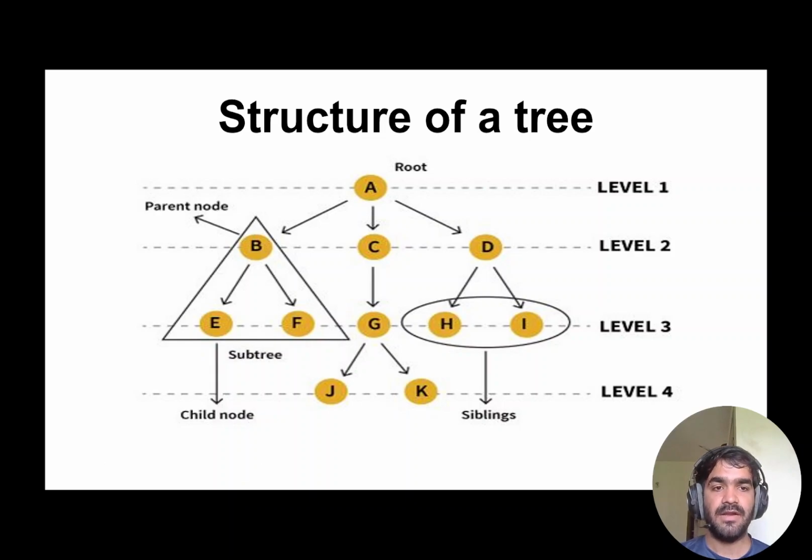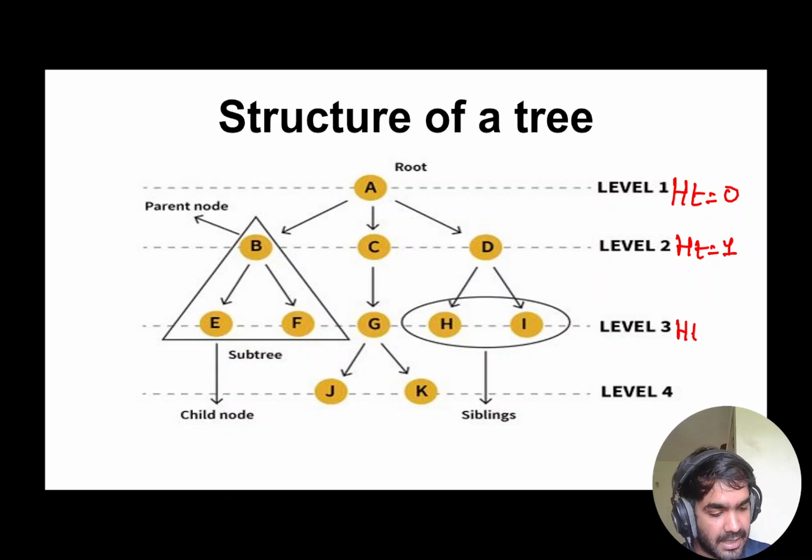Coming to the next slide, we have the structure of the tree. As I said, the tree is in a hierarchical format, so we take each level or height in hierarchy format also. The first level, which has the root, is the first node from which the tree starts. So the first level is always at height 0. Second level is at height 1.